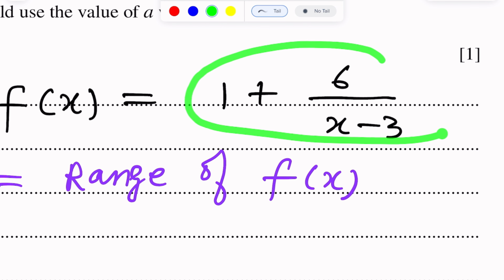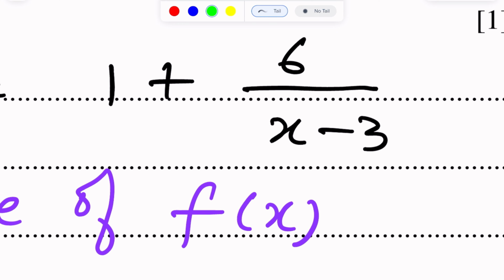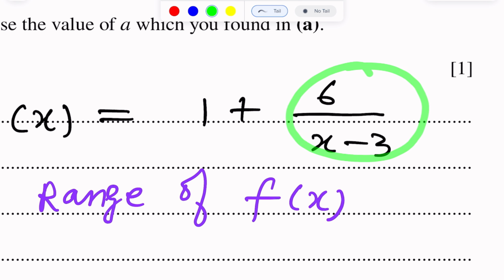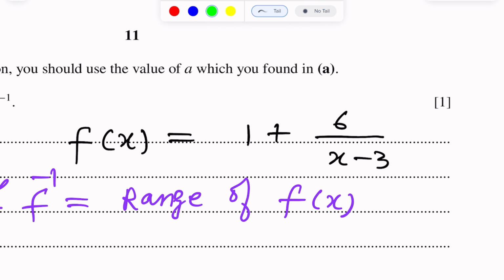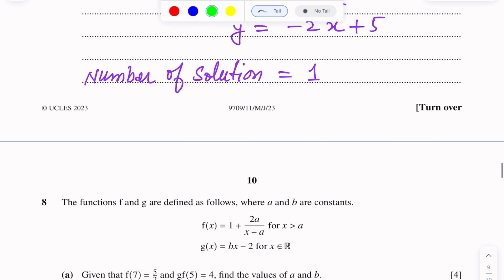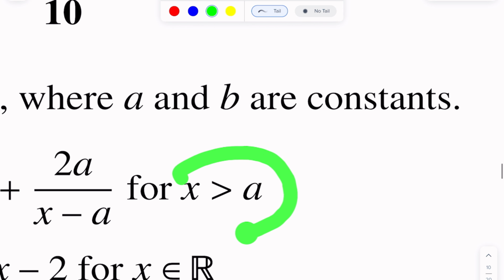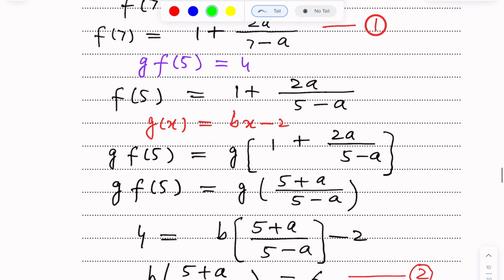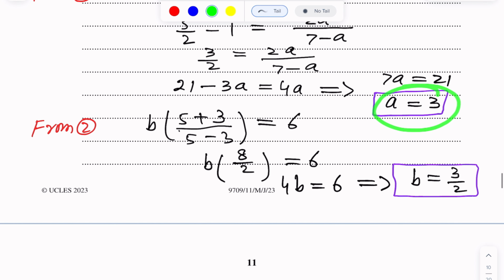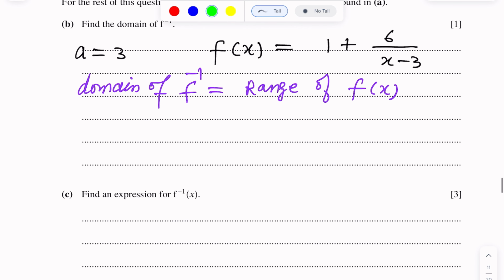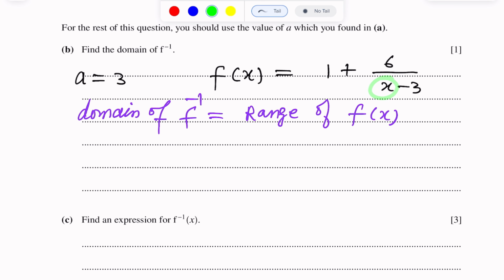Look at this function. If we put any value of x, because the domain of the function is given, x is greater than a, we have found 3. If we put any values greater than 3, we will observe that the range of this function will be greater than 1.